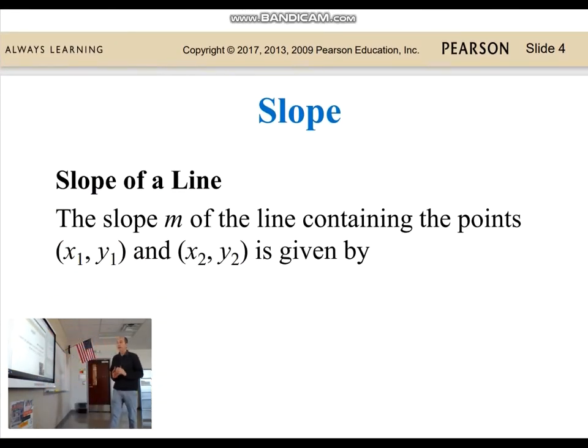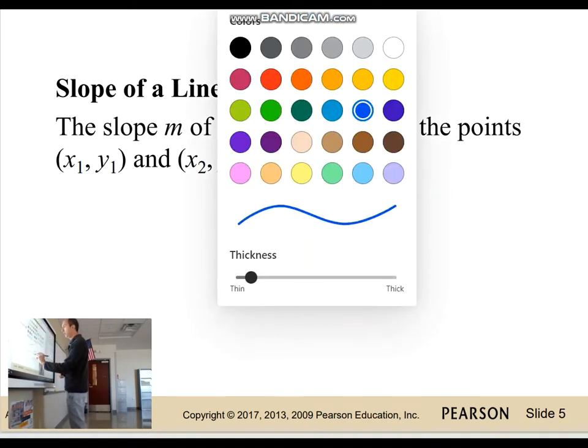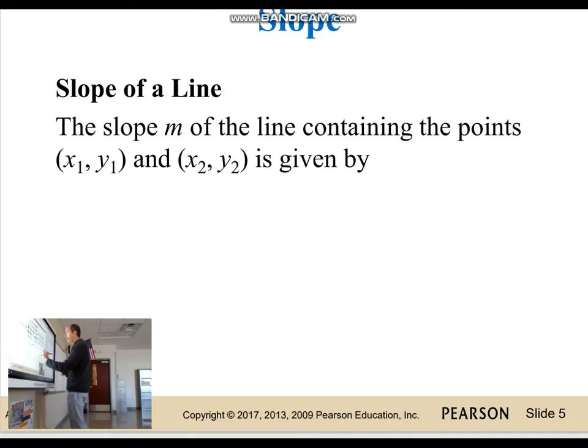The slope m of the line containing the points x1, y1 and x2, y2 is given by the formula that we're going to use, m, and m is the slope.